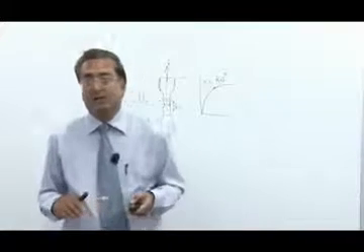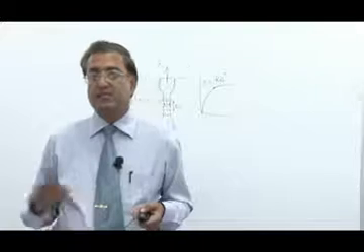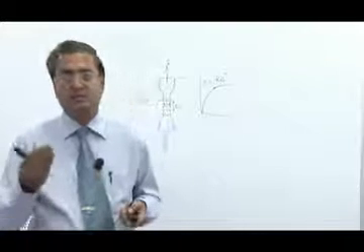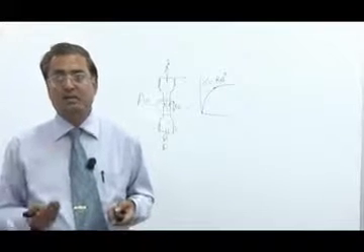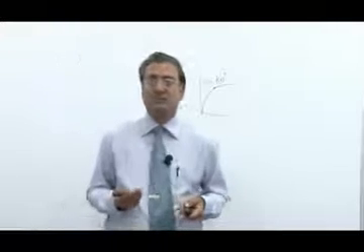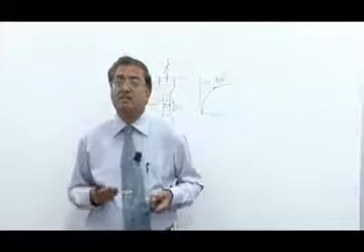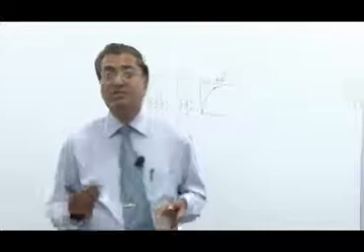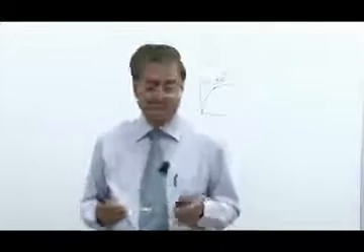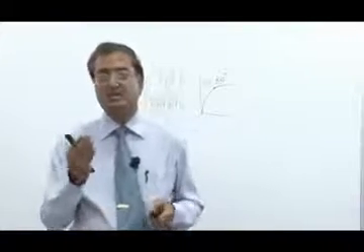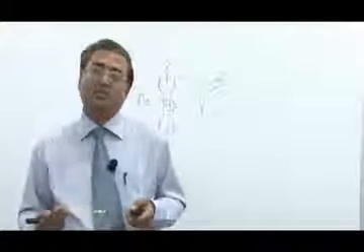Whereas if you increase the annealing temperature, you will see the strength decreases, whereas the formability increases. So you can see the difference, and these differences are taken advantage of in metal forming.